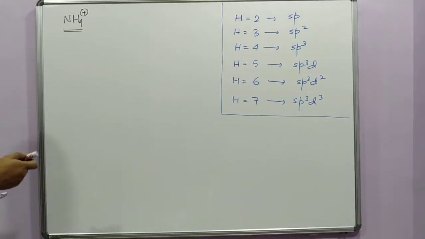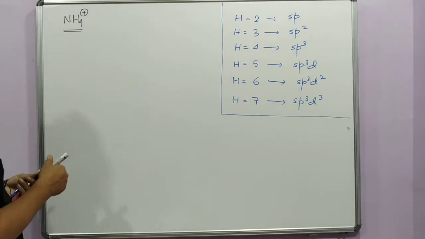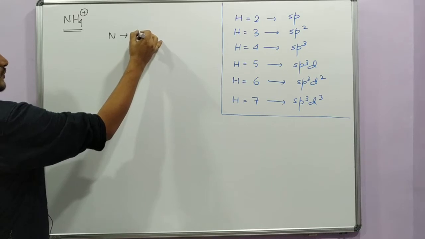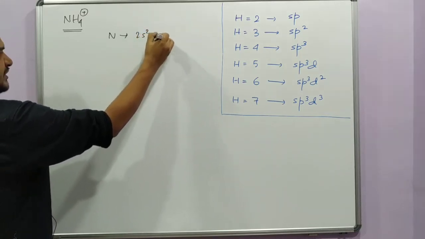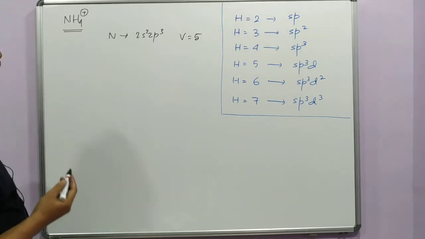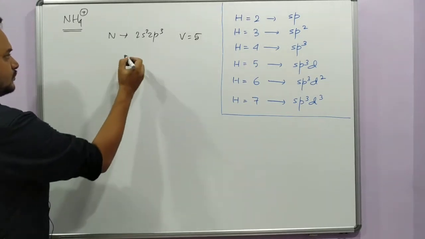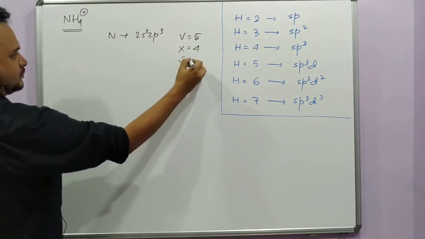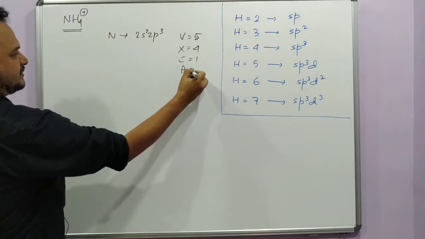Now we are taking an example where the charge is positive. So here again the central atom is nitrogen, the electronic configuration is 2s2 2p3, so V will be equals 5. Number of monovalent terminal atoms, all are hydrogen, so X will be equals 4. Here we have one cationic charge, so C is 1, and no negative charge, it is 0.